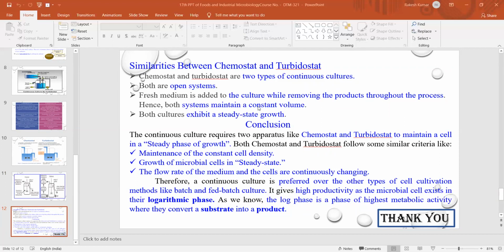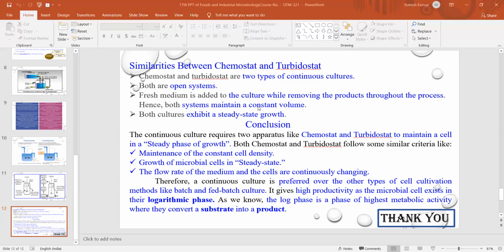It is very important. These are the similarities present in chemostat as well as in the turbidostat method of fermentation. And in both, cultures exhibit a steady state growth. So just by maintaining the other things inside the chamber, both methods exhibit a steady state growth.